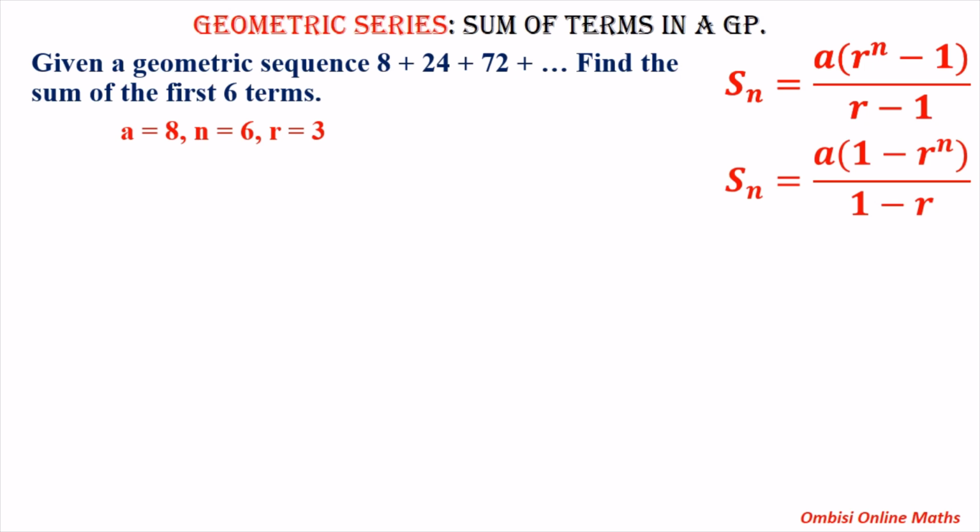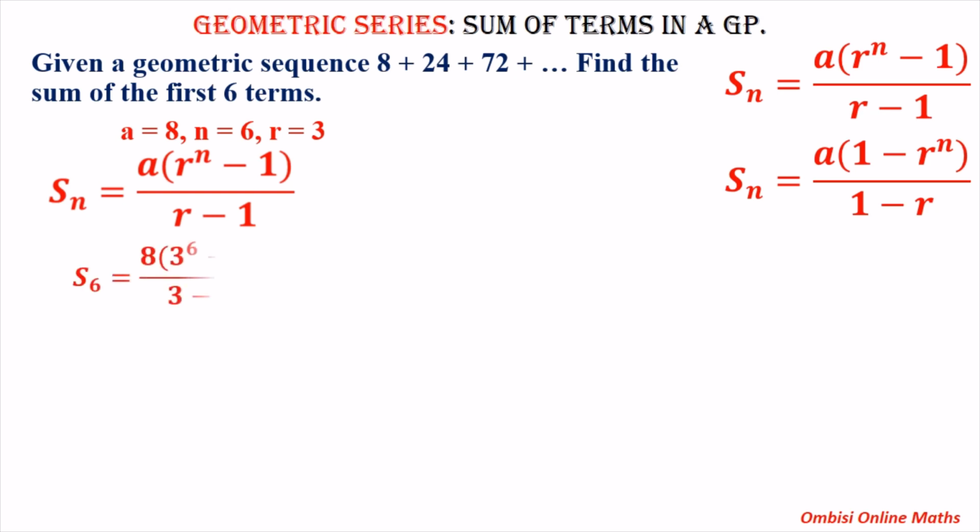Now, in this case, the value of r is more than 1. Given that the value of r is more than 1, we are going to use the first formula. Substituting the values, we end up with 8(3^6 - 1) over 3 - 1, because the value of n is 6, which simplifies to 8(729 - 1) over 3 - 1, because 3^6 is 729.